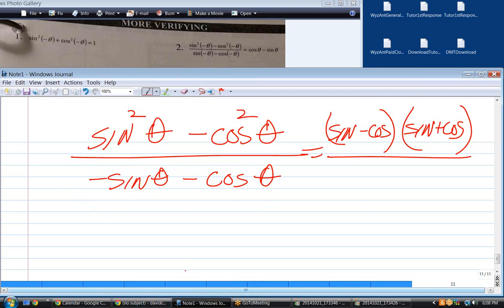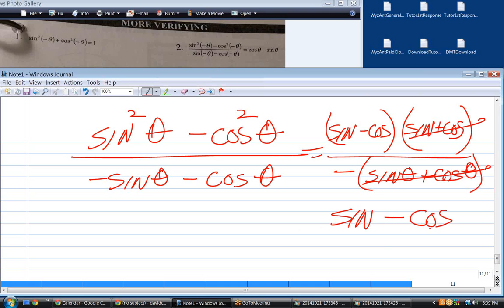I do not know. Take a negative sign out. What's left behind? So, okay, this cancels with that, and I'm left with sine minus cosine over negative 1.